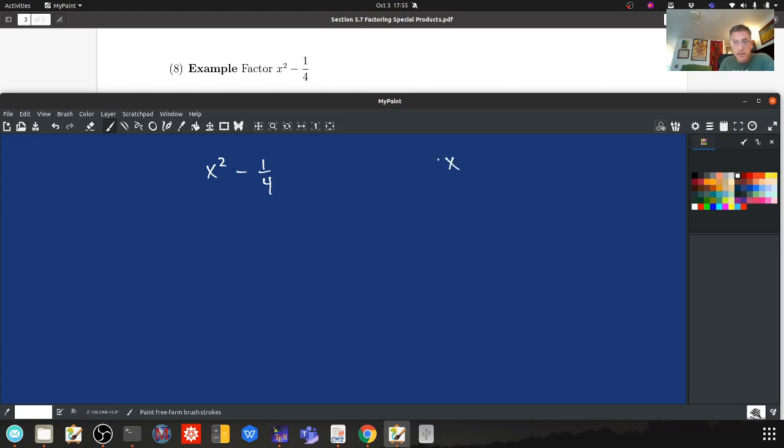So let's take the square root of x squared, and that leaves us an x, so that's good. The second one's going to get you, what's the square root of 1/4? Well, by the quotient rule, that's the square root of 1 divided by the square root of 4. Well, the square root of 1 is just 1, and the square root of 4 is 2, so that's 1/2.